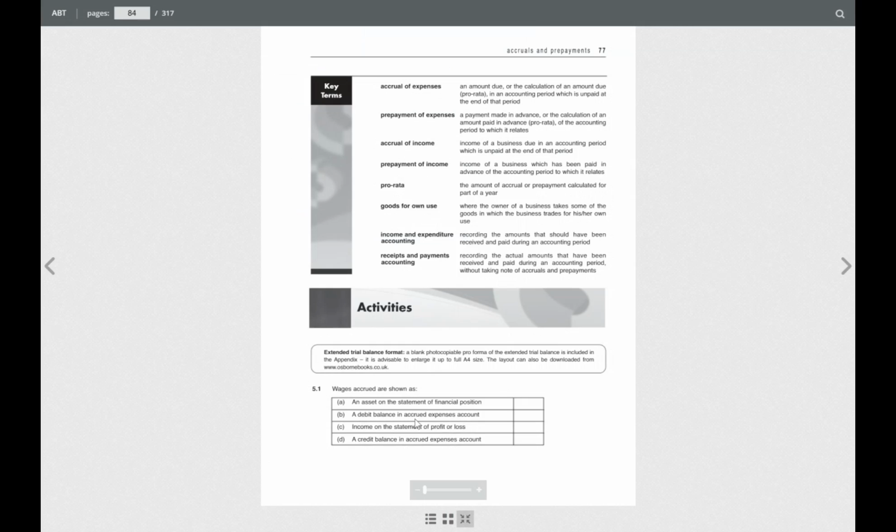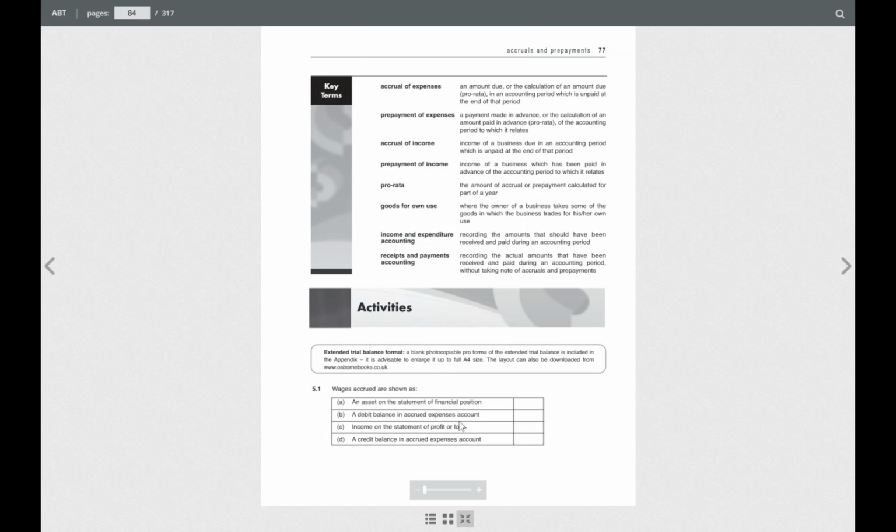Then wages accrued, right? Yes, then there will be income on the statement of profit and loss. So which one do you think is the right one?